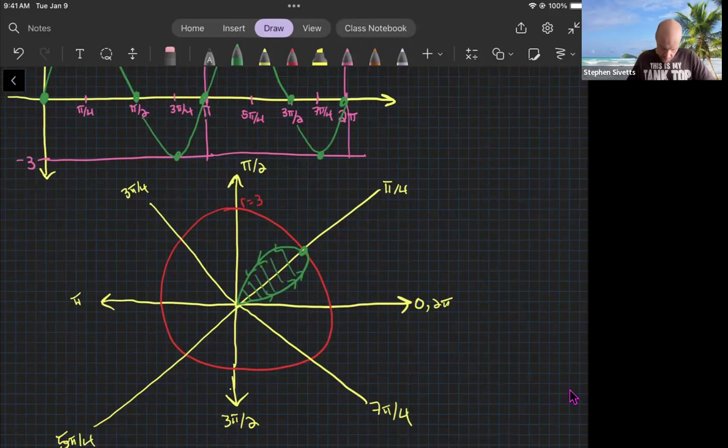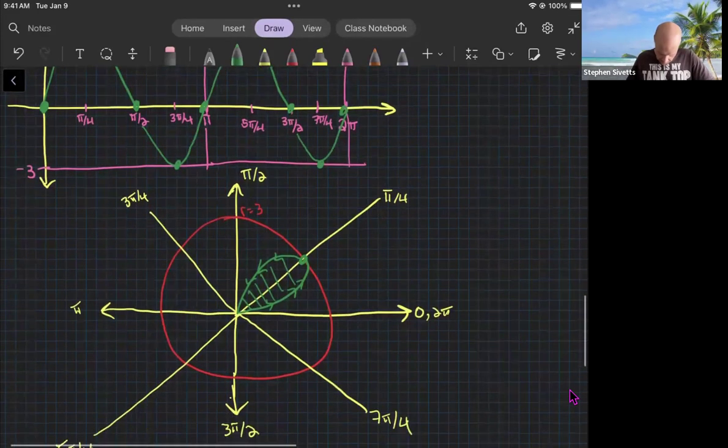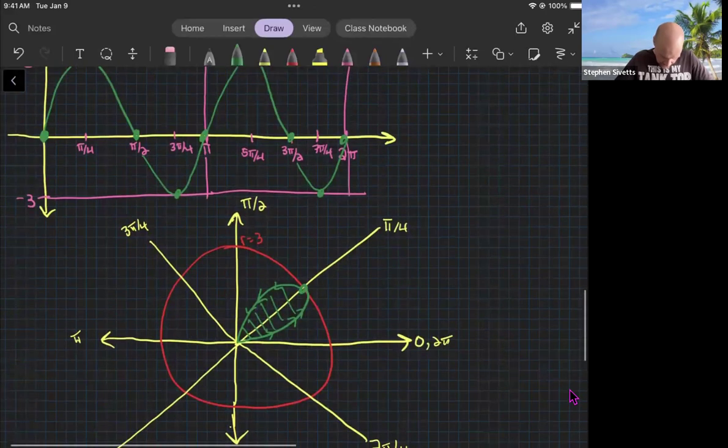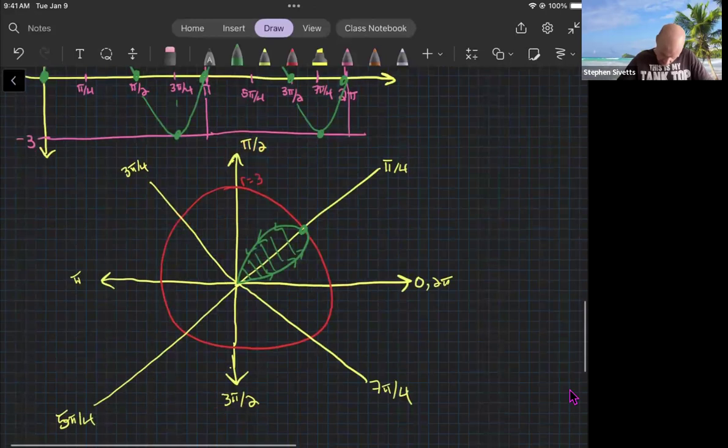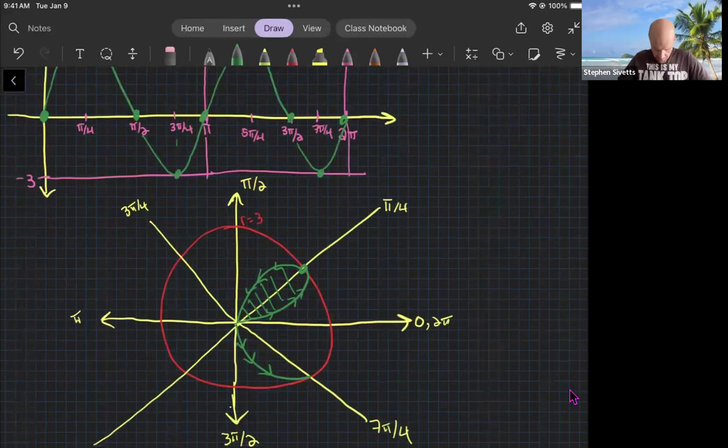When theta goes from pi over 2 to 3 pi over 4, our radius is negative, so we're going to go off in this direction. And then when theta goes from 3 pi over 4 to pi radians, we're back to 0, so it's going to curve back this way to 0. So that's the other petal.